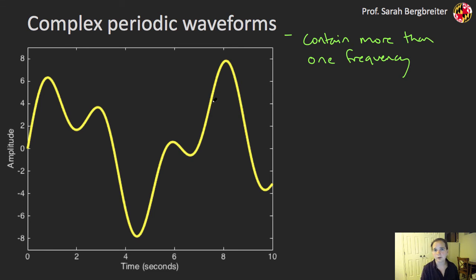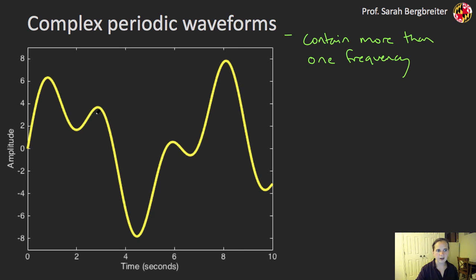These complex periodic waveforms are all over the place. I could be measuring some kind of signal that happens to be periodic. I could have some 60 hertz noise on top of that signal from just the wall power outlets. I could have some other kind of higher frequency noise components on my signal as well. But my signal is basically composed of all of these sinusoids of varying frequencies.